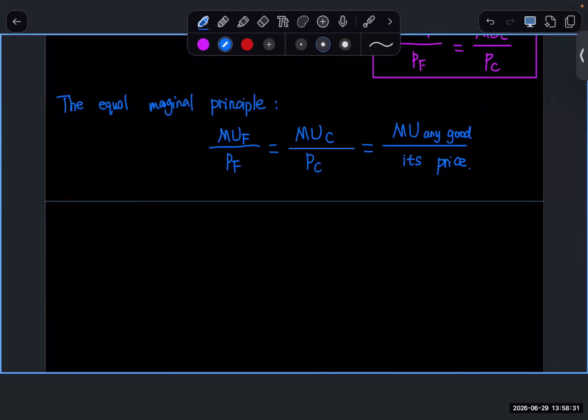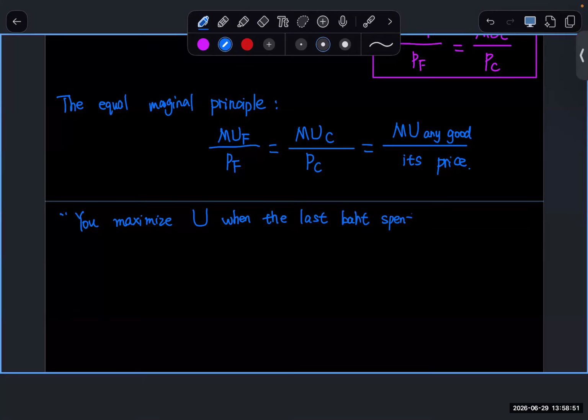It means that you maximize utility when the last baht spent on every good gives you the same extra happiness, okay?